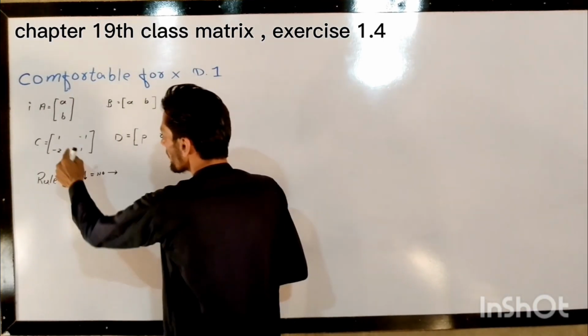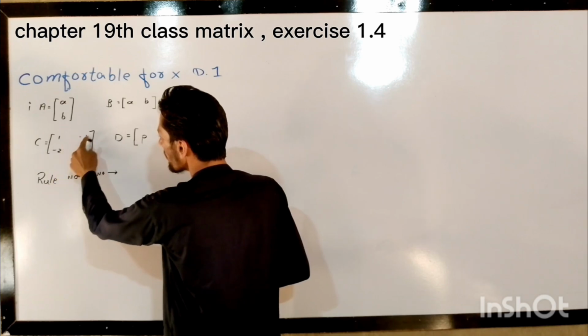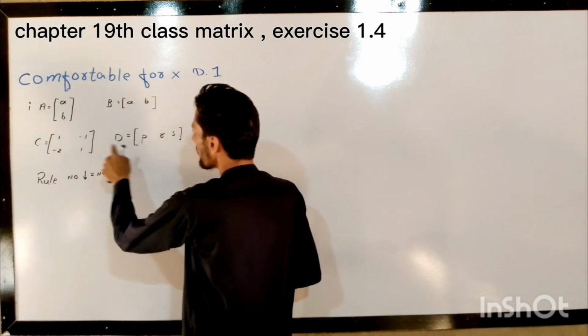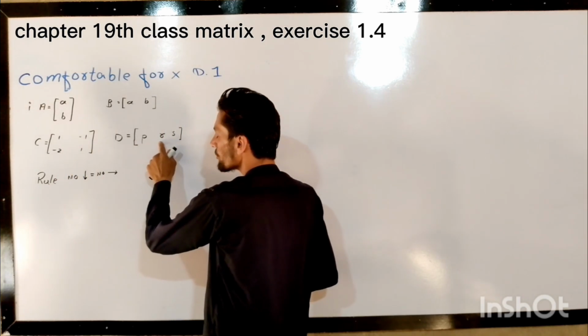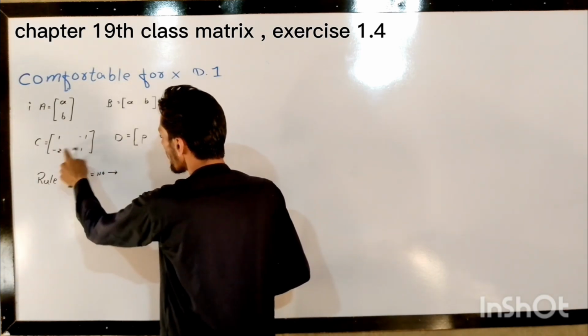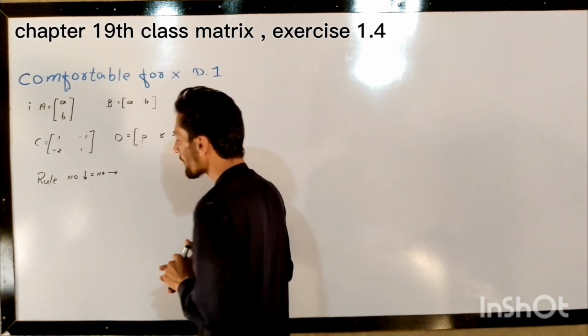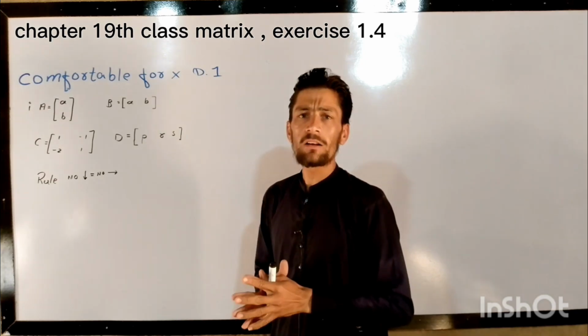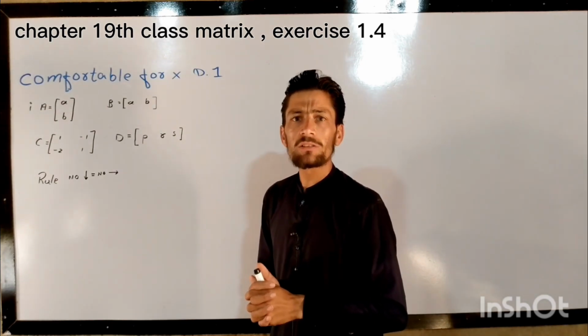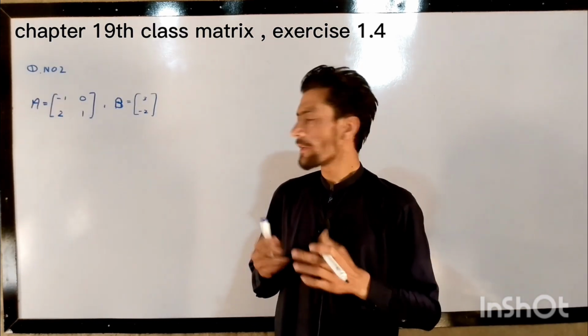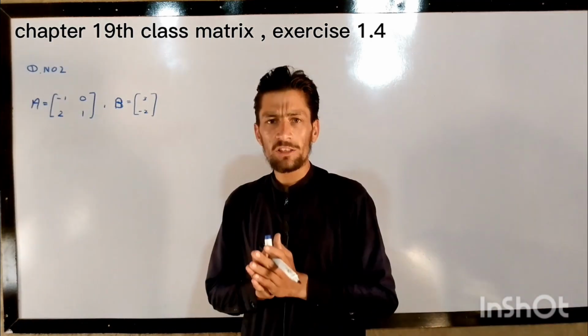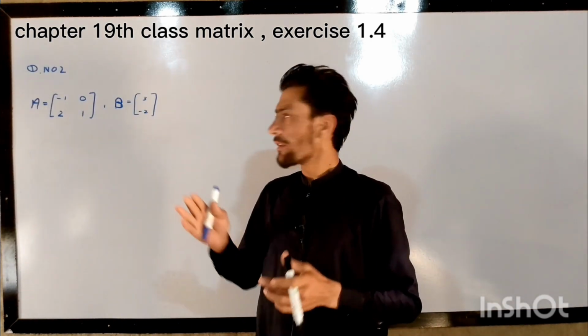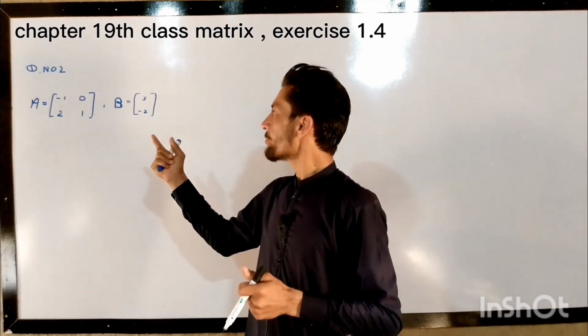The second one, I have right here two columns and I have here just one row. So C and D are not fit for multiplication. This was question number 1.